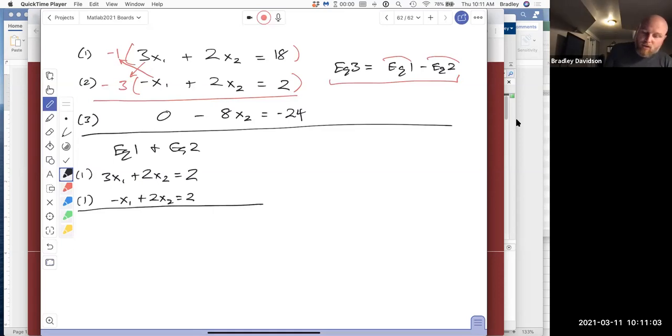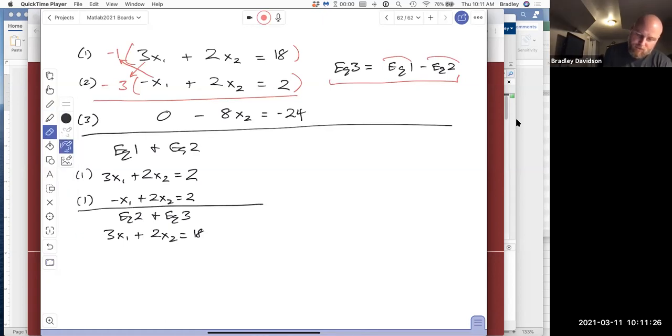I can combine equation 2 and equation 3. And so to do those 2, it's 3x1 plus 2x2 is equal to 18. Oh, I think I messed something up here. Let's correct this. That should be an 18. Okay, yep, it is 18.